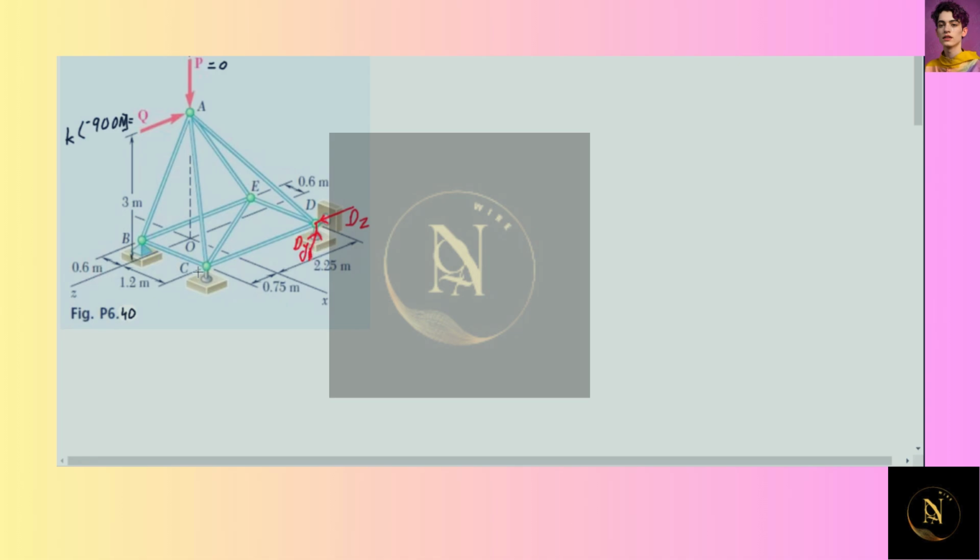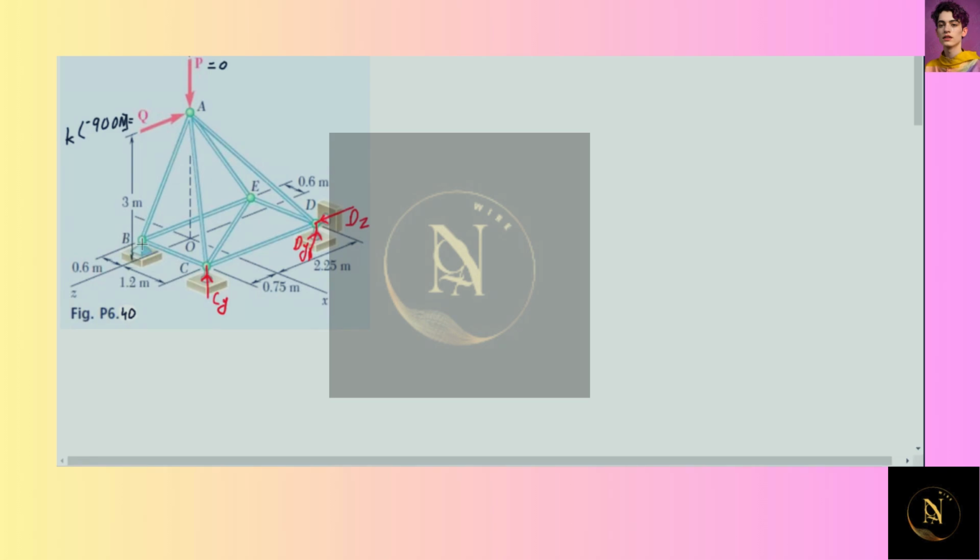And here there is only one reaction, that creates cy, and here this is a ball joint, so there will be reactions along all the directions.